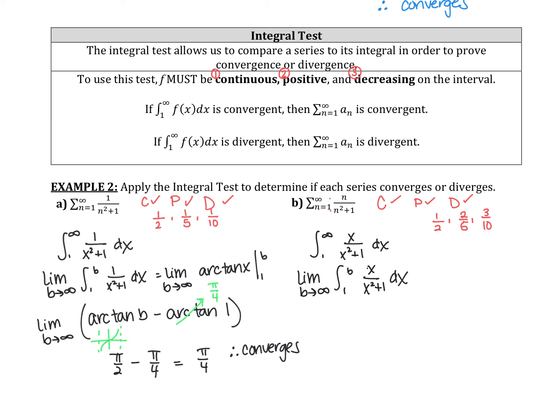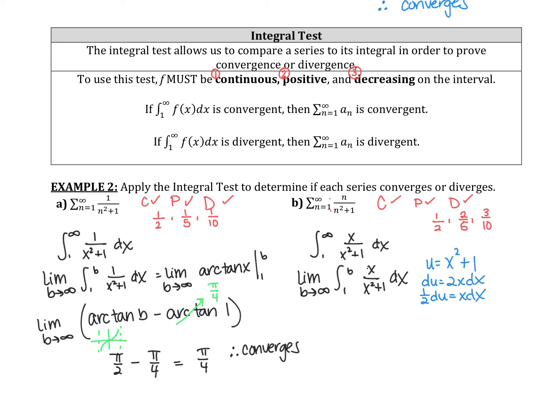Well, I can't integrate this one the way it's written, so I'm going to use a u substitution, and I'm going to let u be x squared plus 1. So du would be 2x dx, which means we get 1/2 du equals x dx.